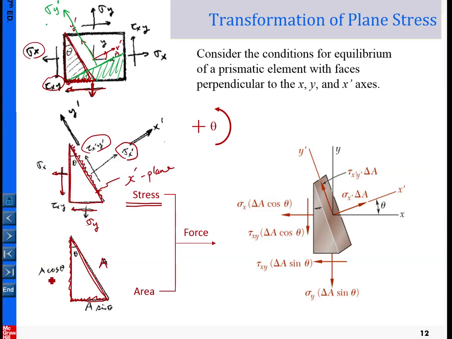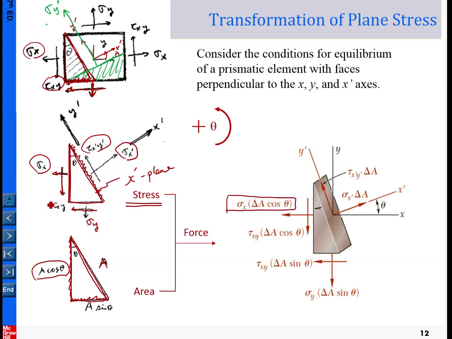So the areas are in relation like this. Correspondingly, we multiply each stress by the area it acts on, and that gives us the force. For example, this stress element multiplied by the area it is acting on will be the force.